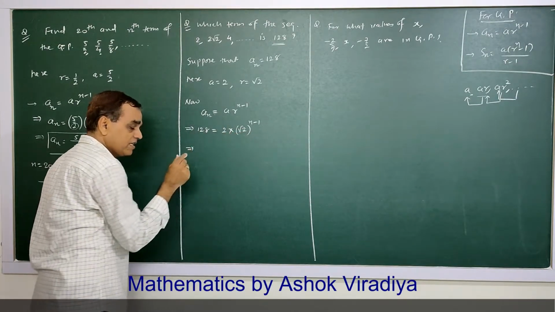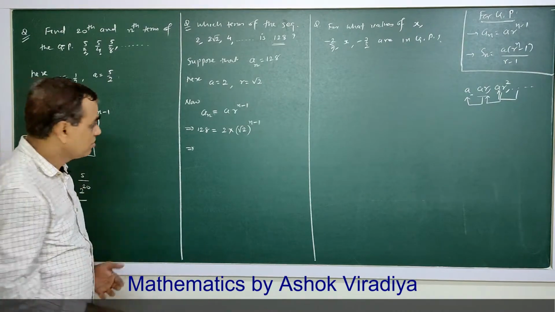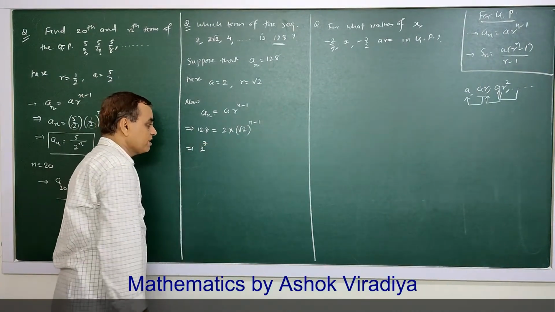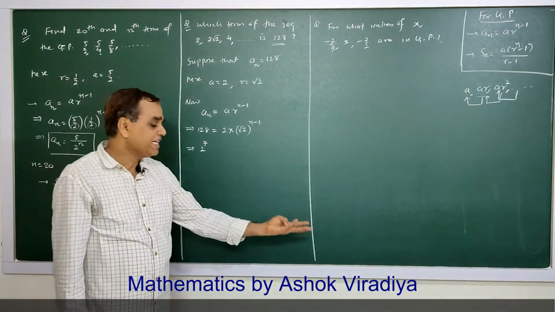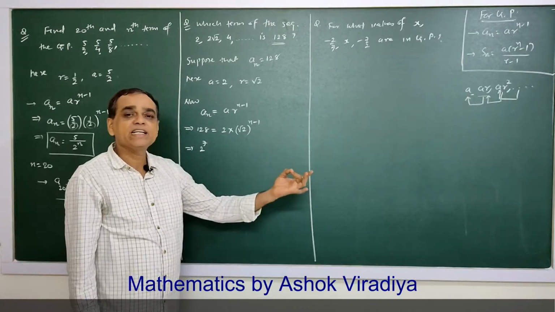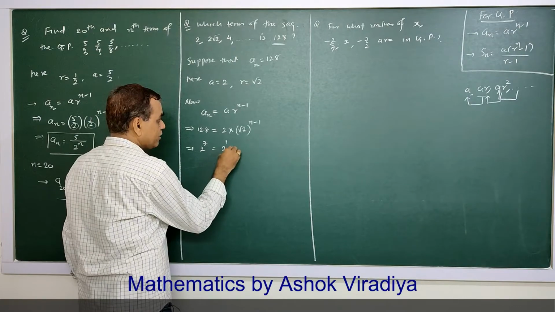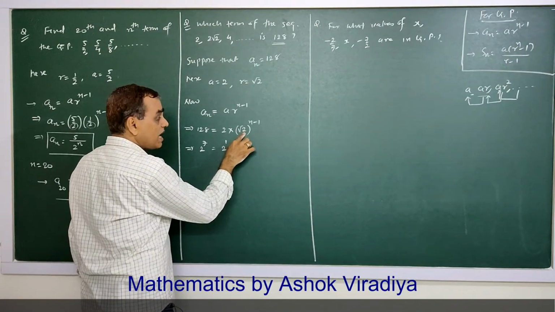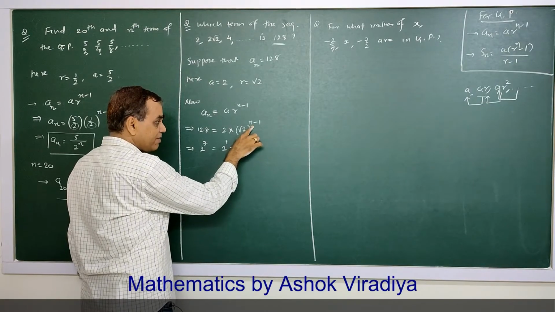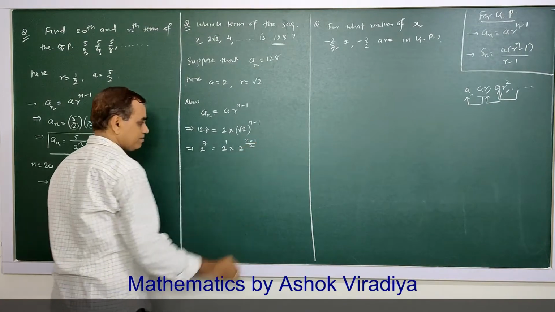So 128 should be expressed as a power of 2. 2 into 2 is 4, into 2 is 8, 16, 32, 64, 128. So 2 raised to 7. Here 2 raised to 1 into root 2, which is 2 raised to half. The inner power is half, the outer power is n minus 1. So 2 raised to n minus 1 by 2.